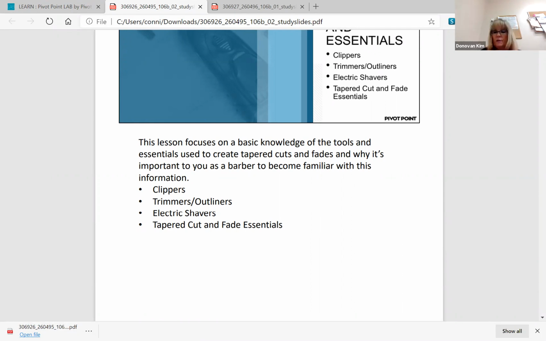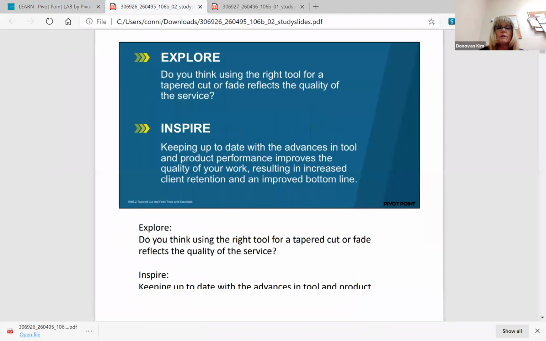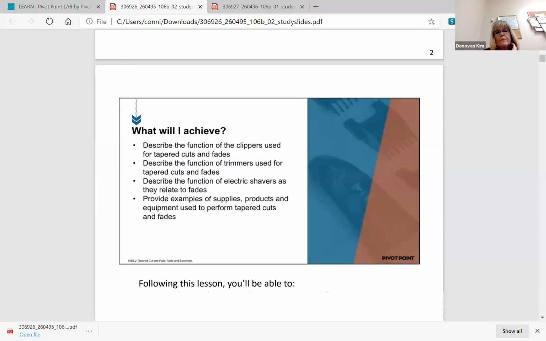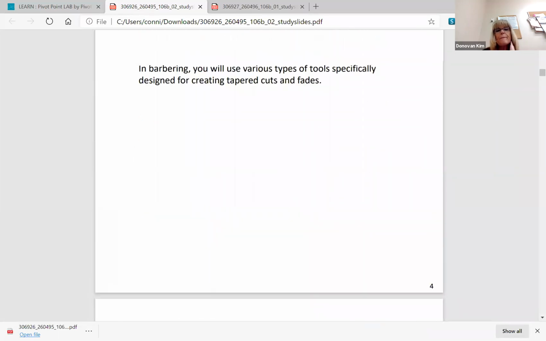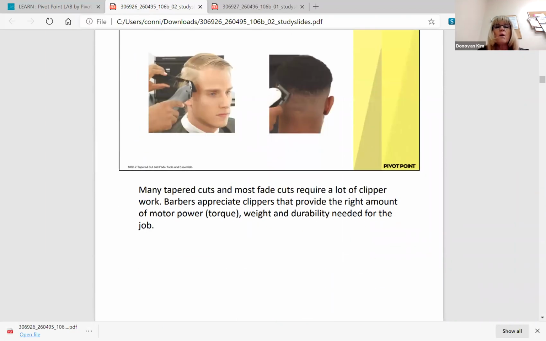So here's some things we need to know about them. First of all, let's talk about motors. Motors are going to make a difference, right?